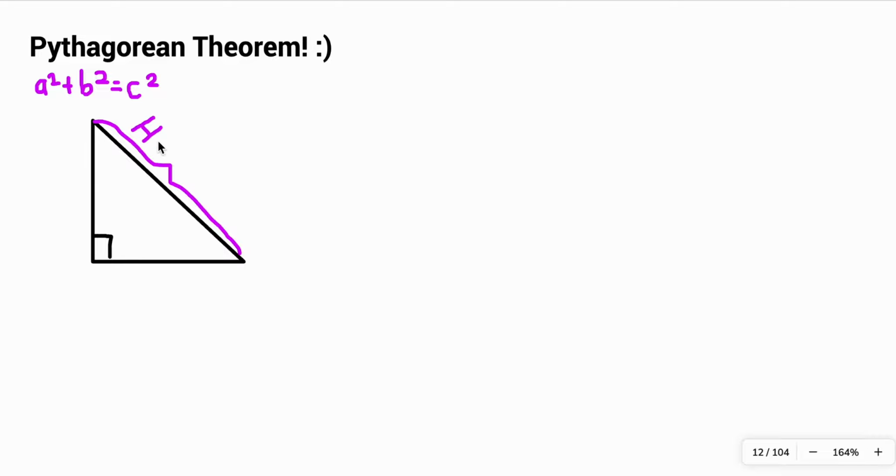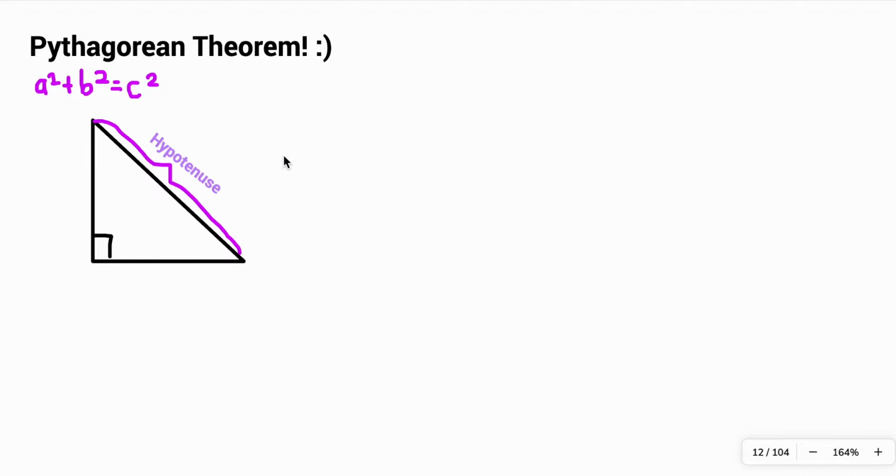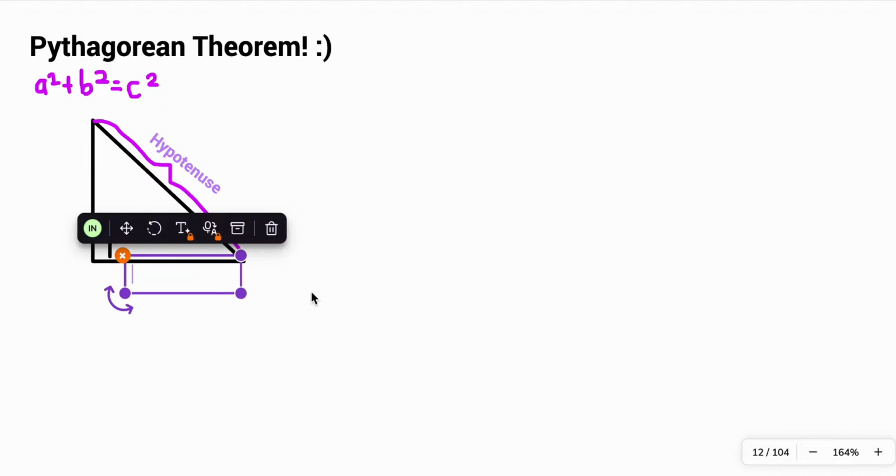The longest side length of our right triangle is going to be called our hypotenuse. It will be opposite of our right angle. And the other two side lengths that form our right angle are going to be called our legs.